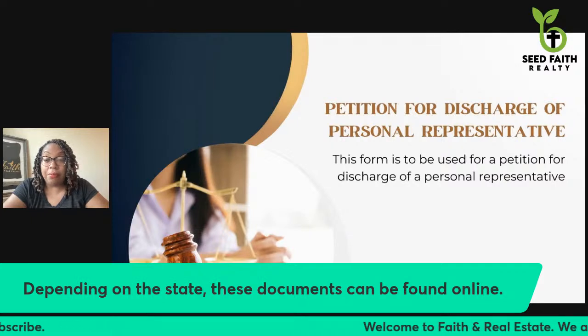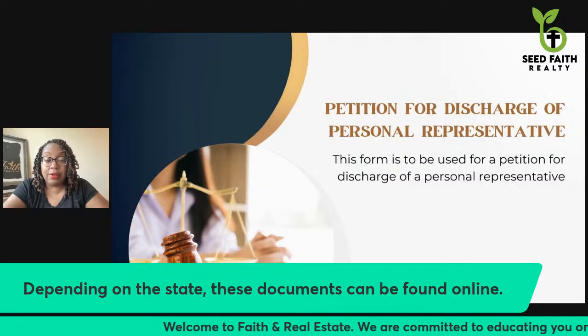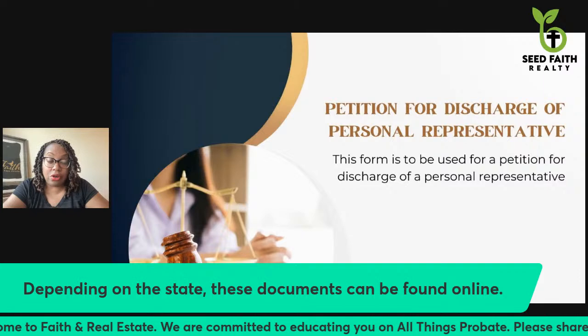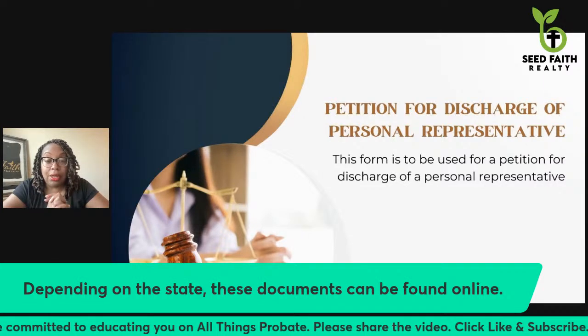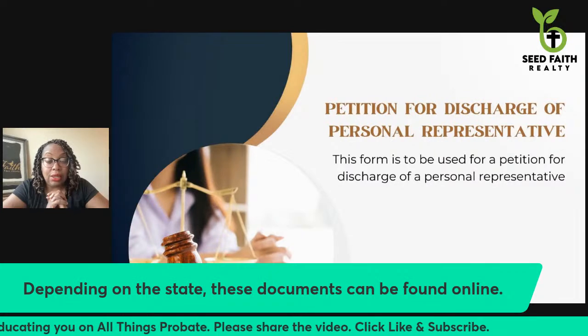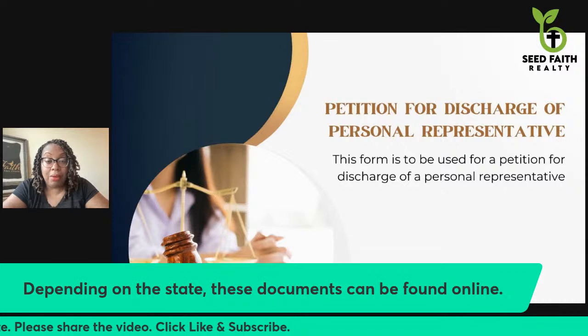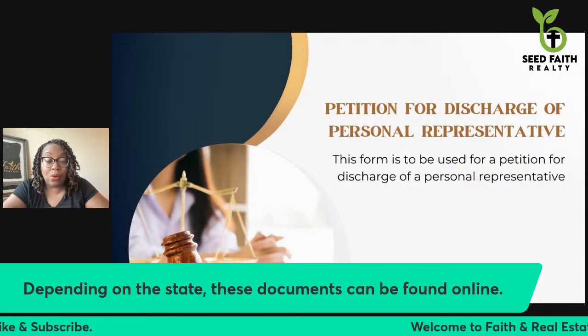And now we have a petition for discharge of a personal representative. This form is to be used for a petition for discharge, just like it says. An example of this would be, let's say someone was assigned to handle the estate, and then maybe a few weeks later they decided that they did not want that responsibility for whatever reason.